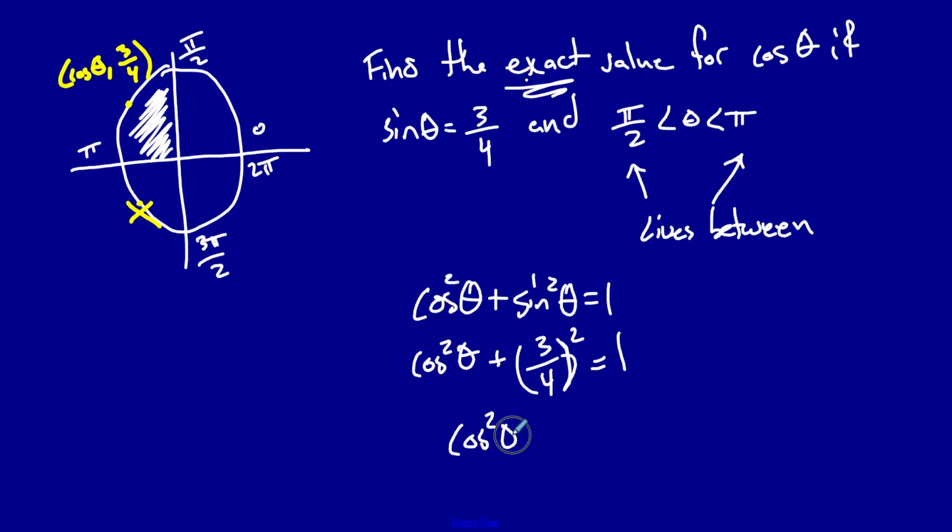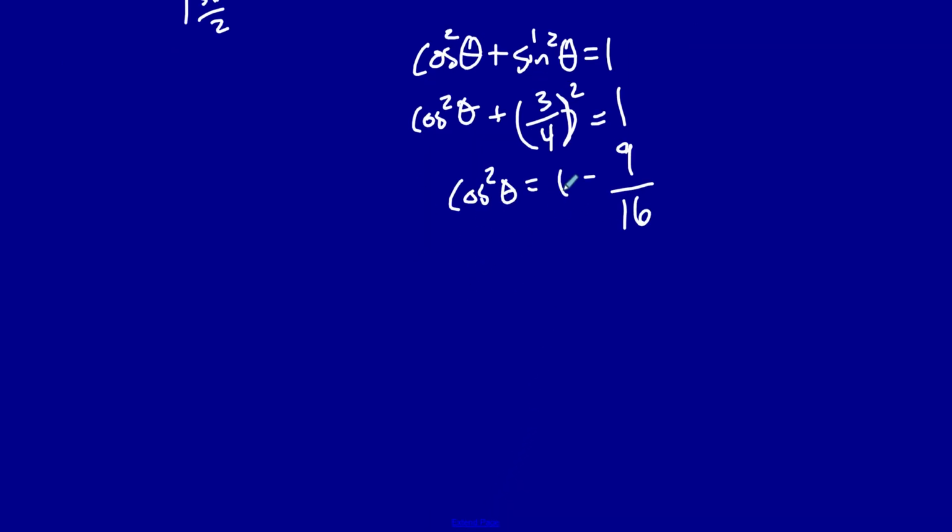Cos squared theta is equal to 1 minus. I'm going to do this all in one step. 3 squared is 9 and 4 squared is 16. And then I have to make sure that I have the same number on top and bottom in order to subtract the fractions. So cos squared theta is equal to 16 over 16 minus 9 over 16.